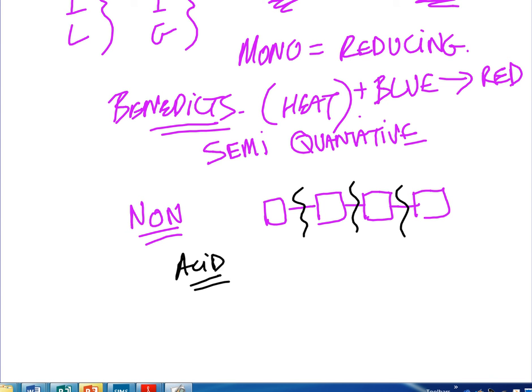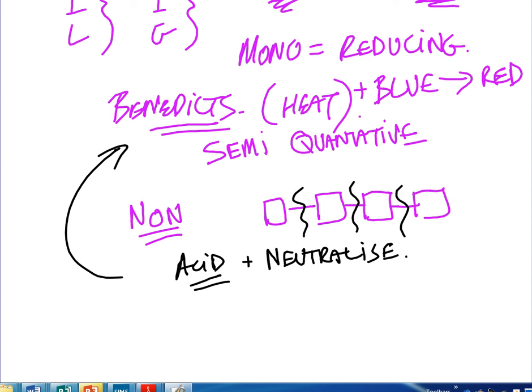And then we neutralise that, so we acidify it and neutralise it using sodium hydrogen carbonate or another alkaline agent. Then we run through the exact same test: we add heat and we add Benedict's. And if it goes red, then we know that it contains monosaccharides.